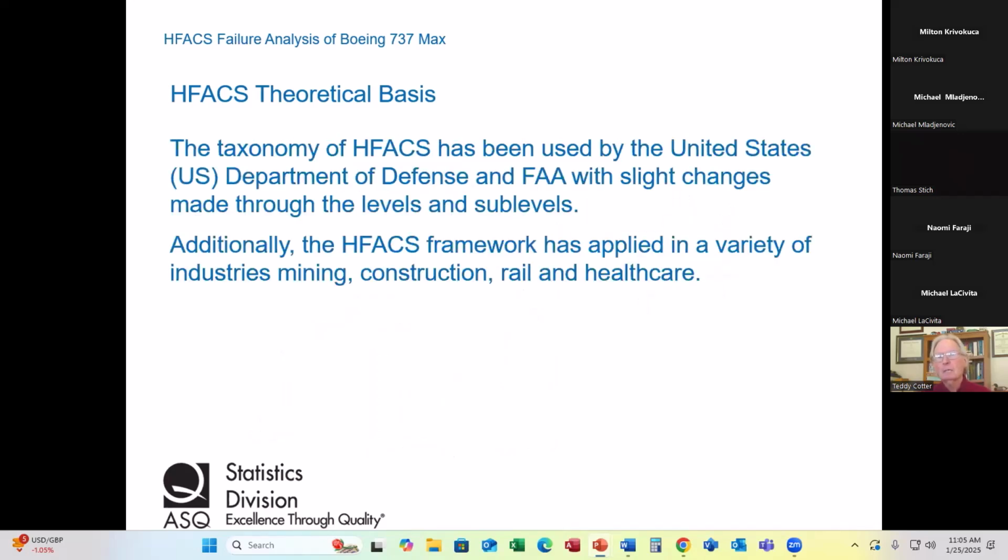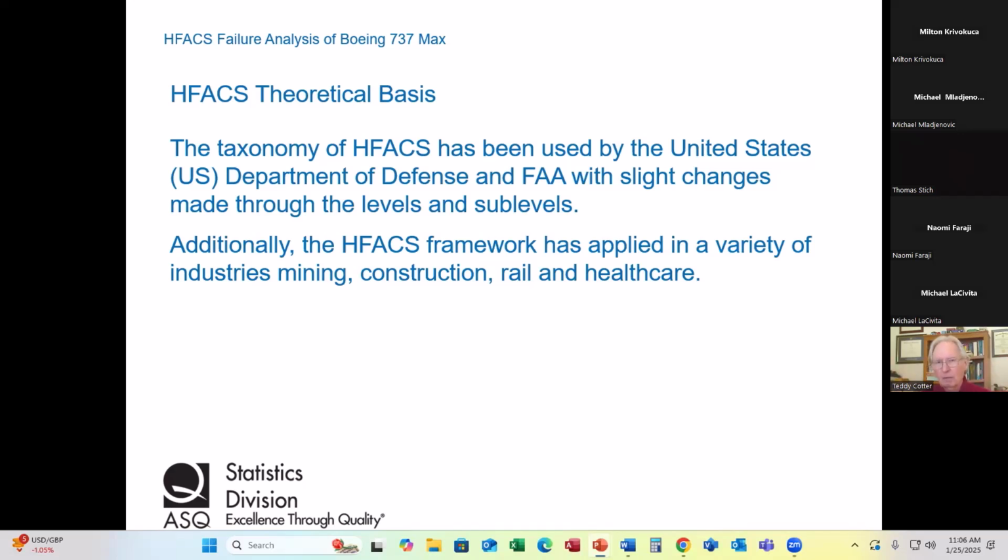Now, when I say taxonomy of HFACS, originally the U.S. Air Force and U.S. Navy developed a formal taxonomy with definitions of accident outcomes, their causes, and how those causes should be assigned within the HFACS. So this is a formal taxonomy.